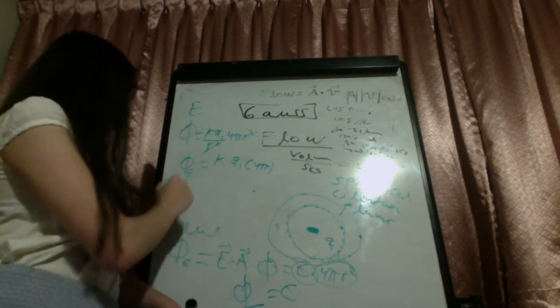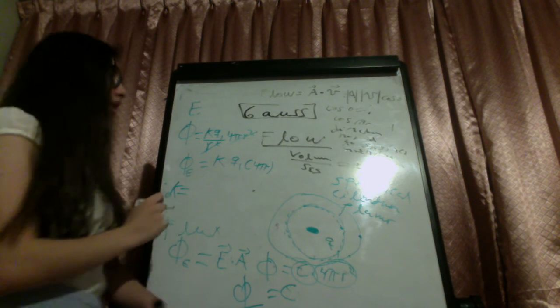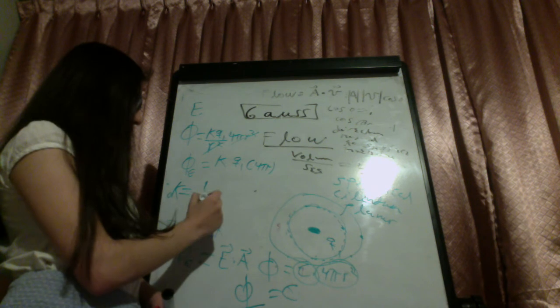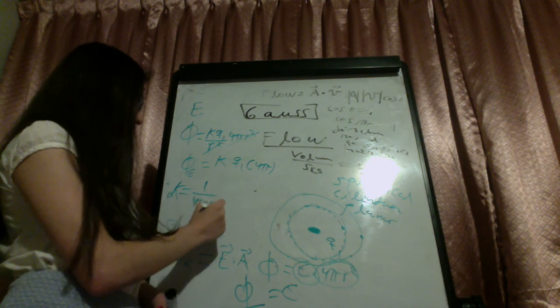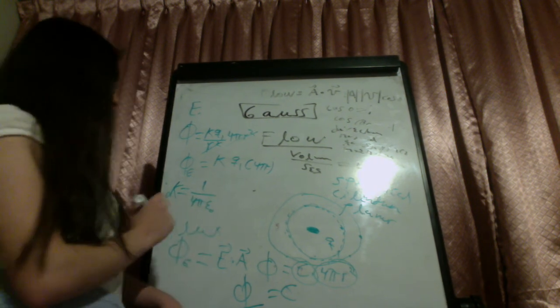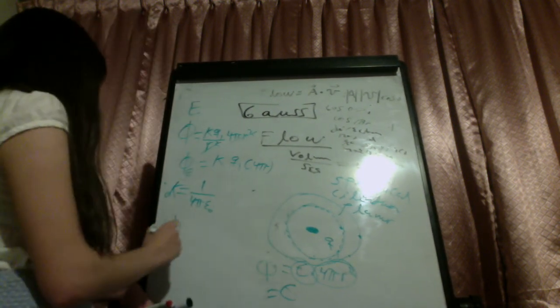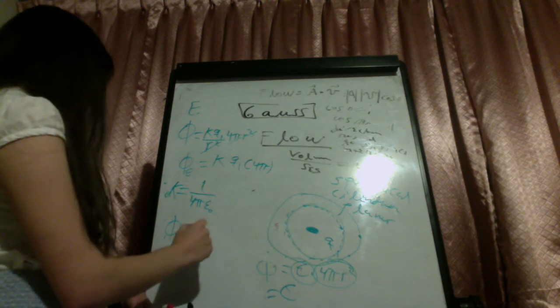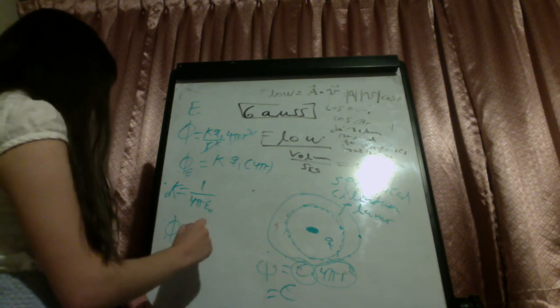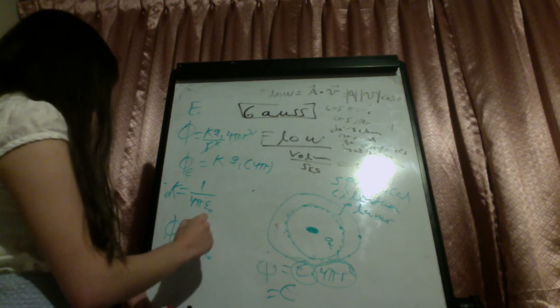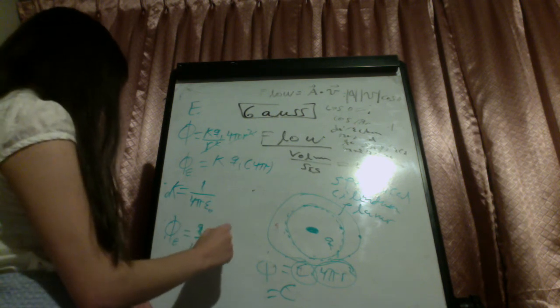Now Coulomb constant is the same as 1 over 4 pi epsilon naught. So I can substitute it here, and I would have that the electric flux is equal to 1 over 4 pi epsilon naught times Q1 times 4 pi.